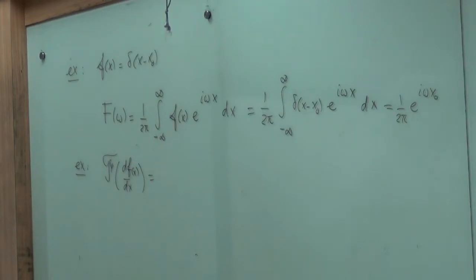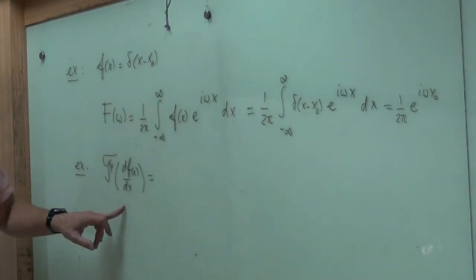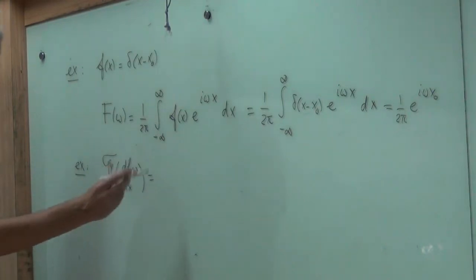I would like to know what is the Fourier transform of the derivative. So I put over here now in my table df/dx. And I wonder what is the function in the omega space.